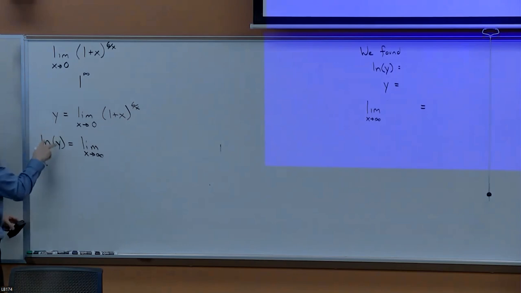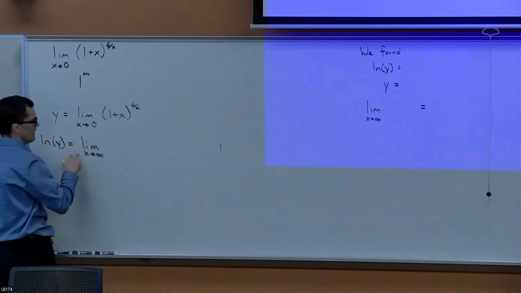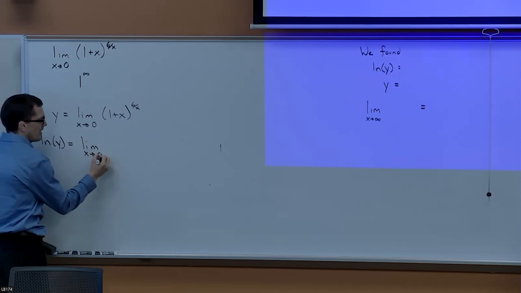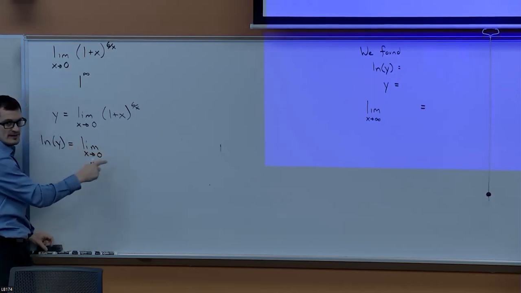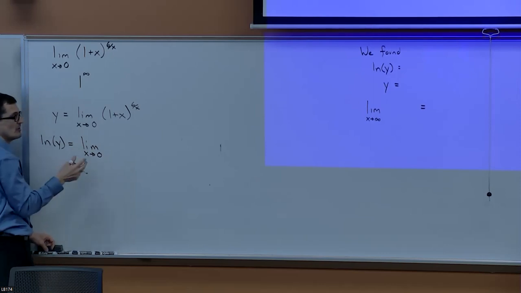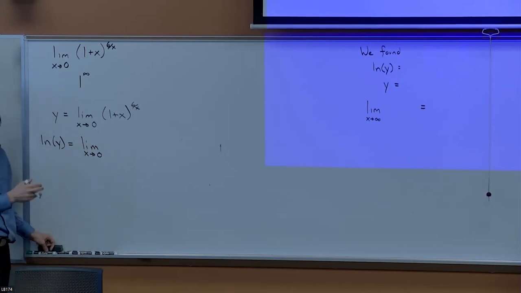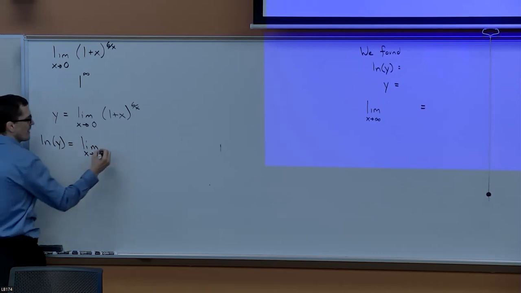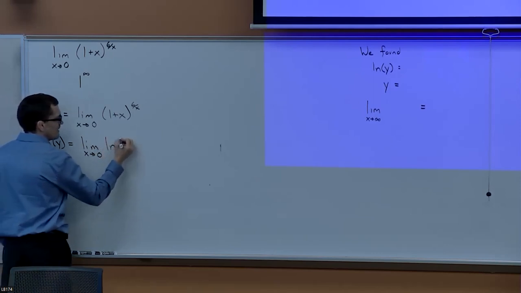So I apply natural log to the limit. The nice thing about natural log is that the natural log of the limit is the same thing as the limit of the natural log. That is a non-trivial rule that I've just said exists, but it's an important piece: you can bring the natural log inside the limit.